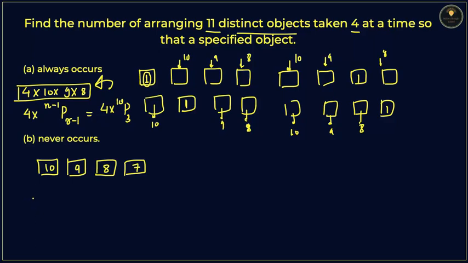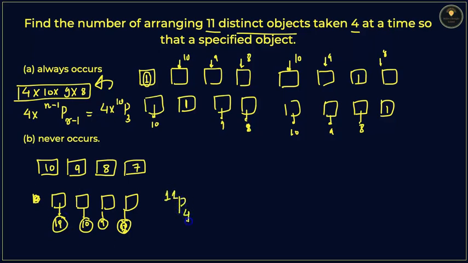So firstly, we will take 4 places in which no condition occurs, which means that we will write 11, 10, 9 and 8. This is the case in which no condition is occurring, so we will write 11, 10, 9 and 8, or we can write the same thing as 11P4.